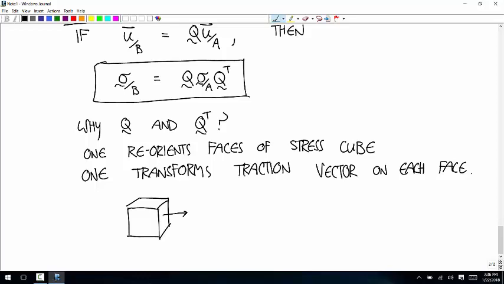A lot of the answers are the same as they would be for vectors. When would you ever need to express a vector in a new coordinate system? Well, if you have other vectors in this other coordinate system and you need to do calculations, you're going to have to transform one or the other, and it's the same here.